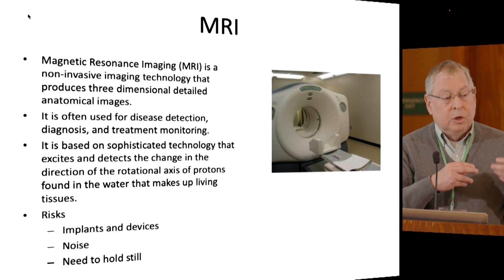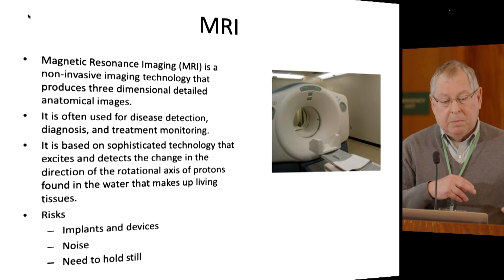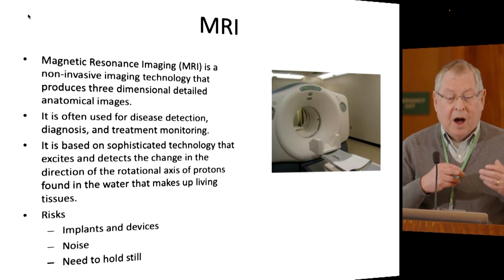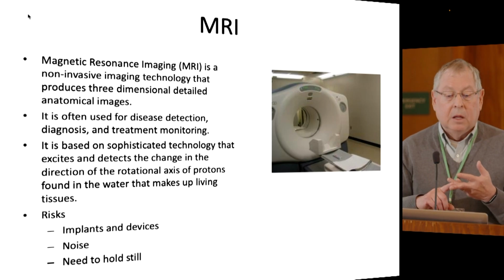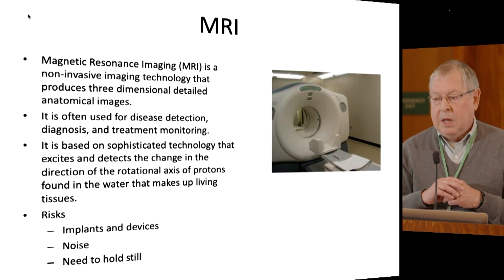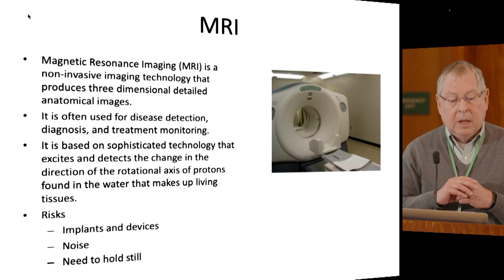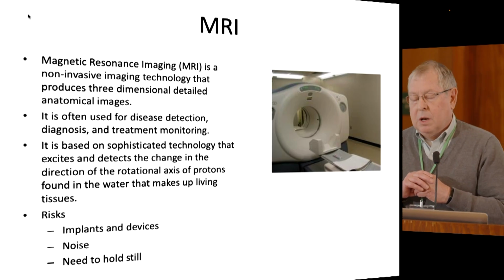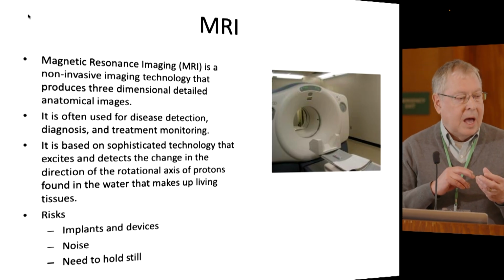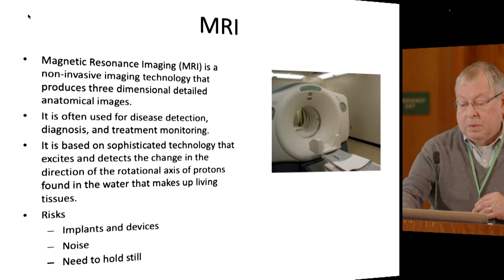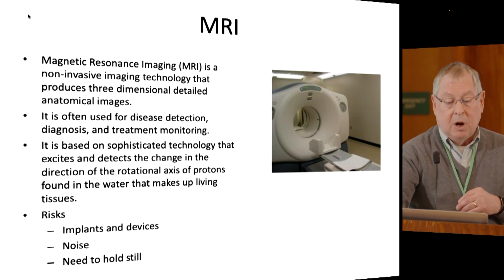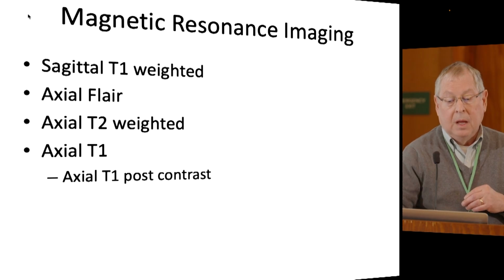Things get implanted into our bodies, not just hips as I age, but things like pacemakers and pumps. Those things can also be a risk in the magnet. The magnet is also incredibly noisy in its acquisition, and we'll talk about some of that. And you need to hold still. These are the basics of MRI.